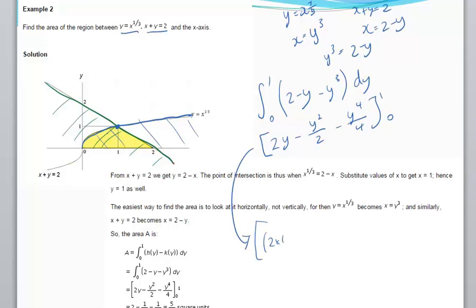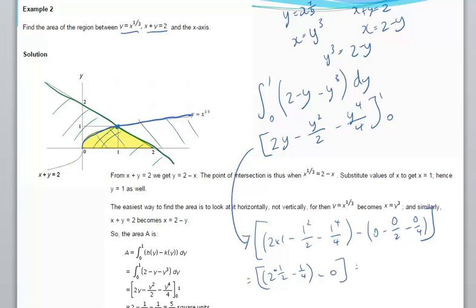We've got 2 times 1 minus 1 squared on 2 minus 1 to the power of 4 on 4 minus 2 times 0 minus 0 on 2 minus 0 on 4. So here we've got 2 minus a half minus a quarter minus 0. So 2 minus a half minus a quarter will give us 1 and a quarter there. And remember to write square units.